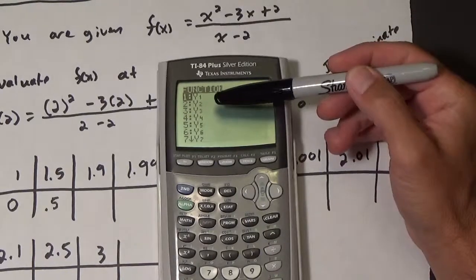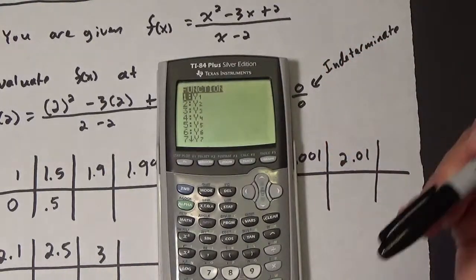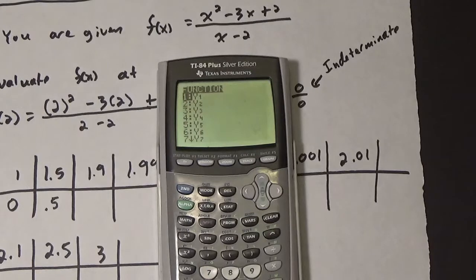And notice I now have y1, y2, y3, y4. Now we put our function in y1, so I'm just going to highlight y1 and enter it. And now there's y1. And we're going to test this out, so I'm going to put open parentheses, 1.5, close parentheses. Now when I hit enter, hopefully we get 0.5.